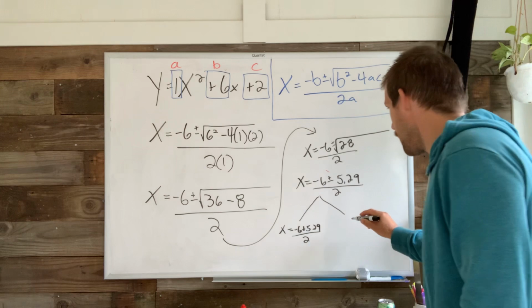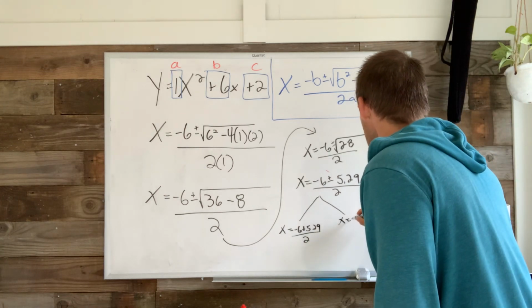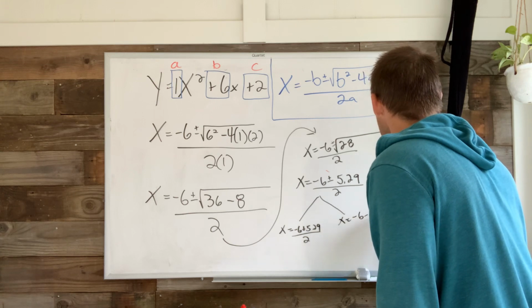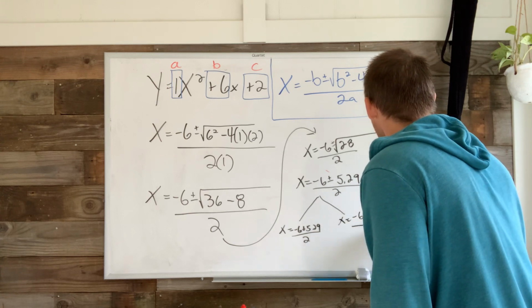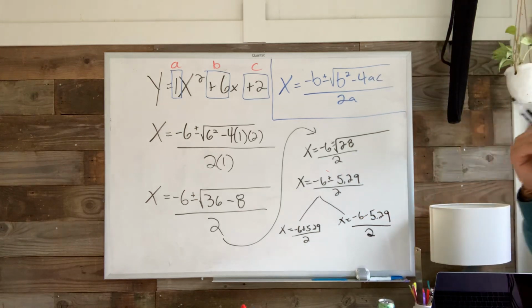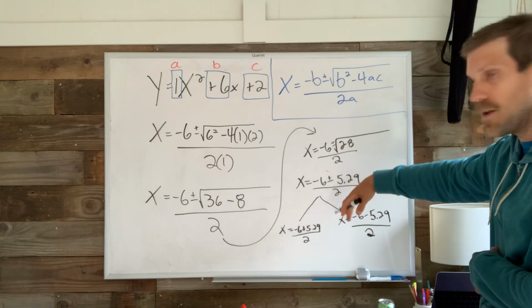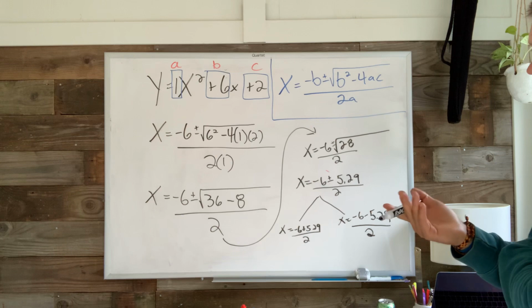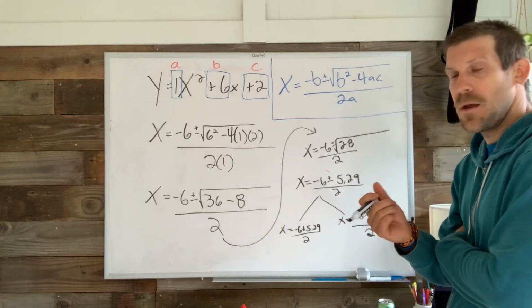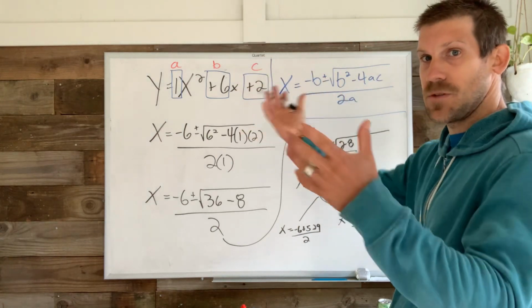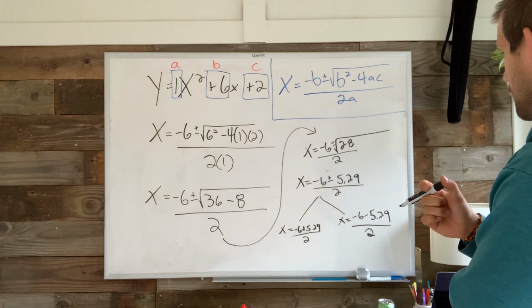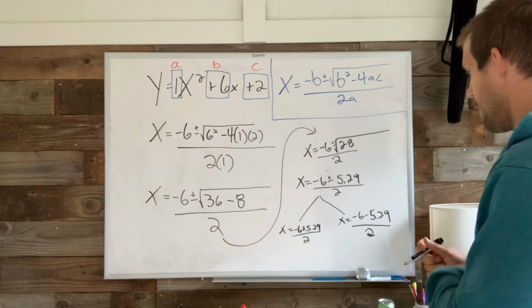And in the other scenario, x equals negative 6 minus 5.29 all divided by 2. So that's what that plus or minus symbol means. We're looking at both. Similar to when we factored from standard form, we had 2 parentheses because there were 2 different x-intercepts. All right. So solving further.